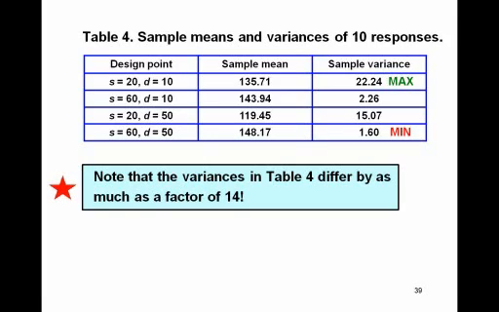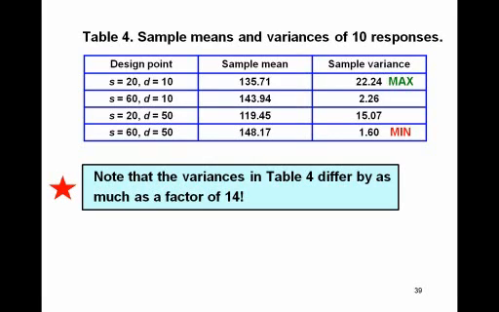Then we could go down, for example, and make 10 replicates, which we did, at little s equals 60, little d equals 10, which means big S equals 70. We get an average response across the 10 replicates of 143.94. And we can do this for each of the 4 design points, getting a sample mean and a sample variance.